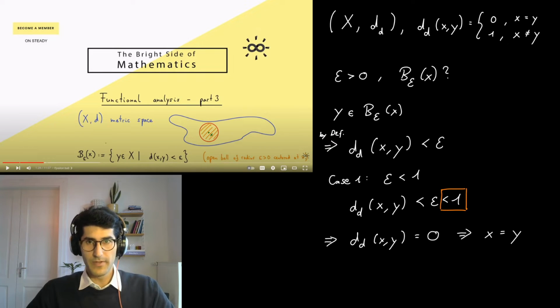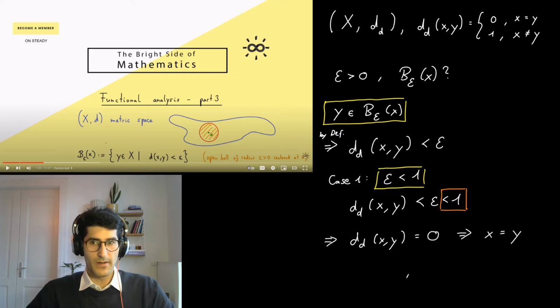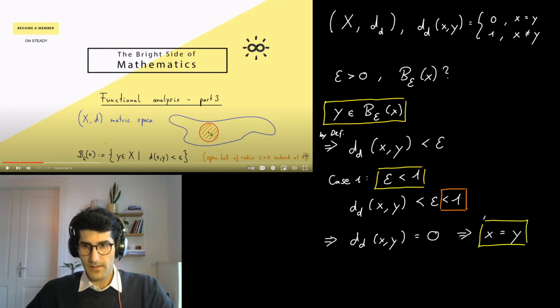So what we have proven here now, if you look at where we started out, we took a point y from the epsilon ball with the additional assumption that epsilon is strictly smaller than 1, and we showed that x needs to be equal to y.